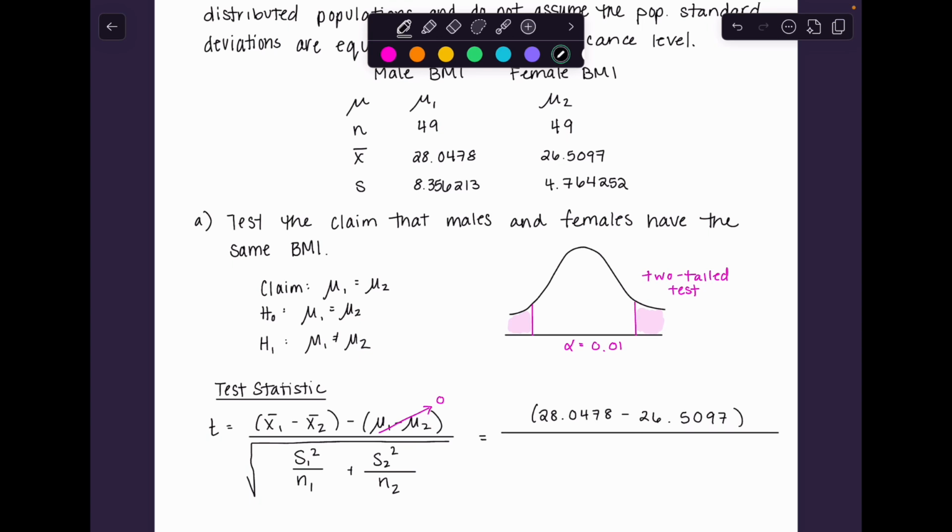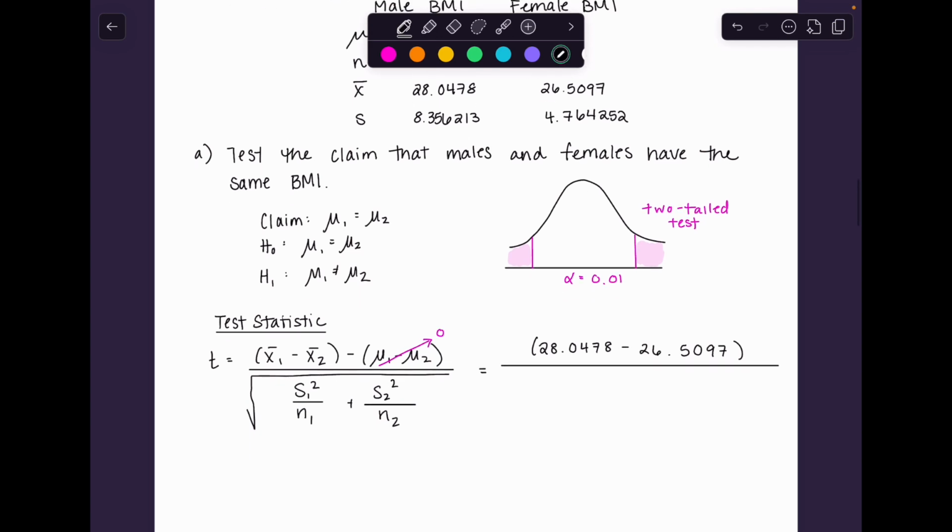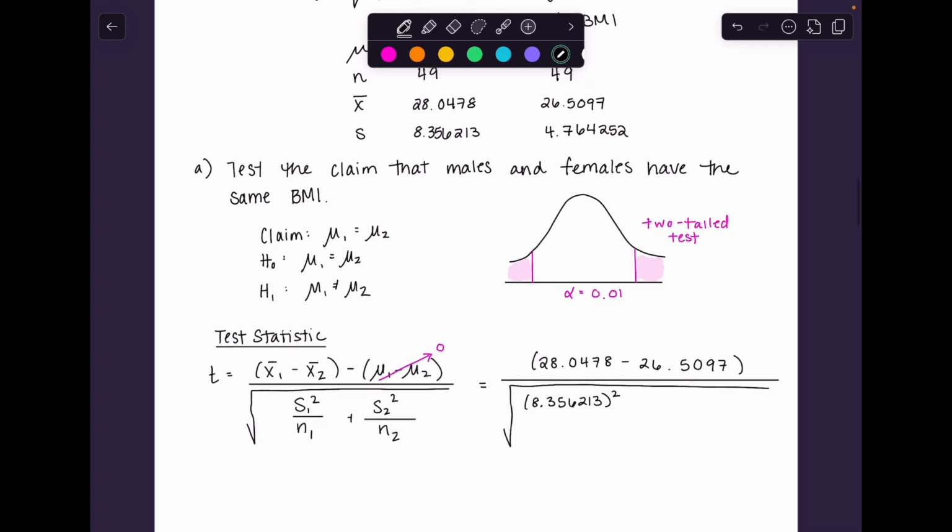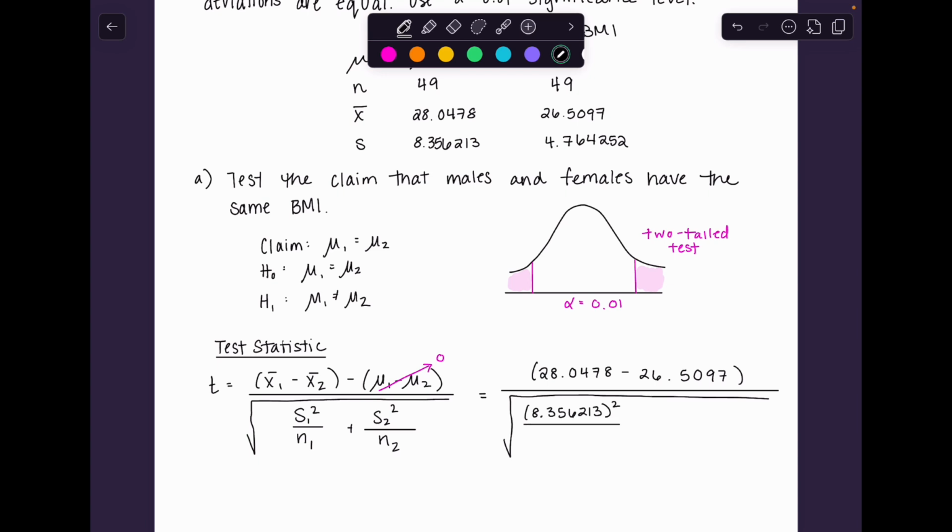And then here in the bottom, I got some big numbers to square. So I need lots of room. S1 is 8.356213, and we're going to square it. And N1, need to go back up a little bit, is going to be 49.